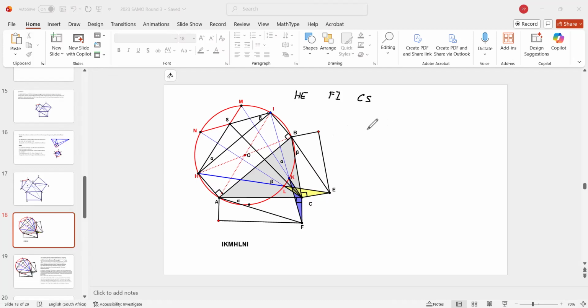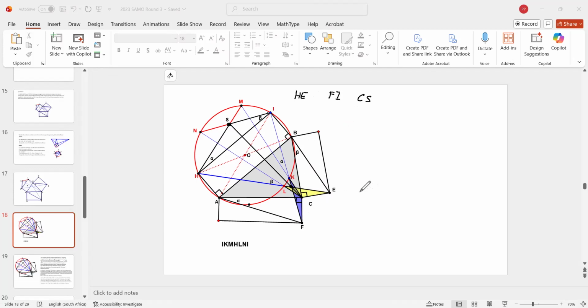Essentially, I had to prove that the intersection points all lie on the same straight line. The intersection points are that one, CS, and then HE and FI. And FI, and it's a little point here.